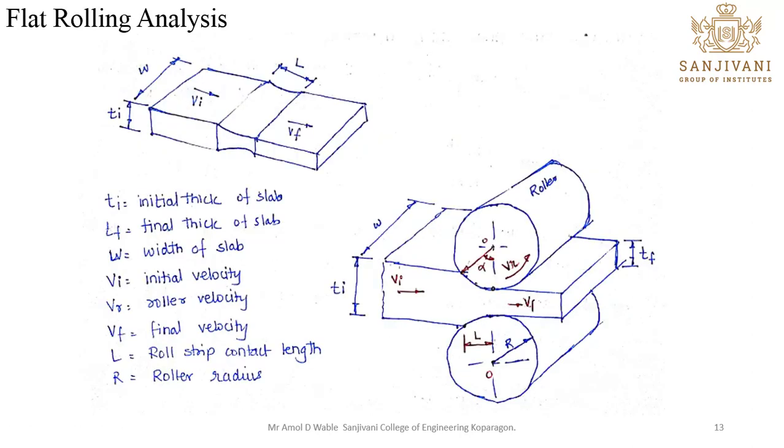So now let us see the analysis of the flat rolling process. Why are we interested in doing the analysis? Because you should know the amount of torque required to press this volume of material, or to get a new shape from this shape. Once you know the force, you can calculate the torque.